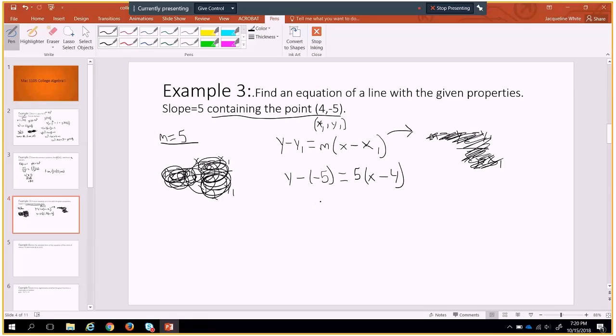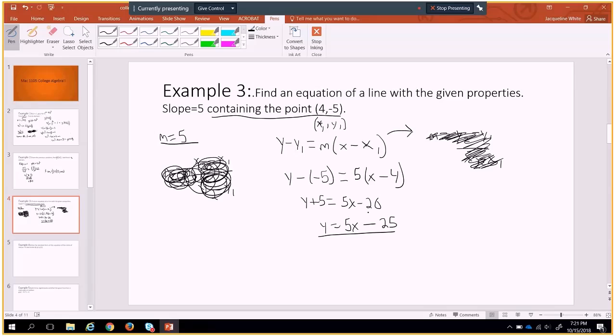Y minus negative 5 is y plus 5, equal to, distributing, 5x minus 20. Now we have to solve for y because we want it in slope intercept form, not point slope form. Subtract 5 on both sides to get y is equal to 5x minus 25. That's our final answer.